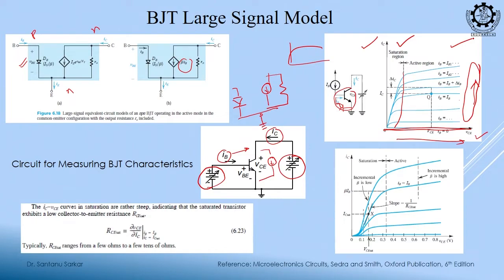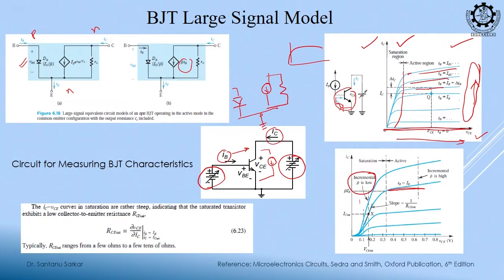Now, see in this saturation region, what is my incremental beta? You see current is very low, na. If this is in this flat region, my current is maximum, right. So, beta is also maximum. In this region, my current is maximum, right.